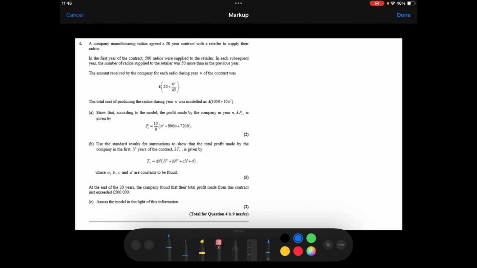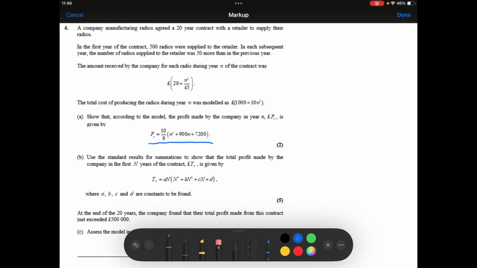So using this result here, remember this is the profit in the nth year. And part B says to use the standard results for the summations to show that the total profit made by the company in the first n years is given by this equation.